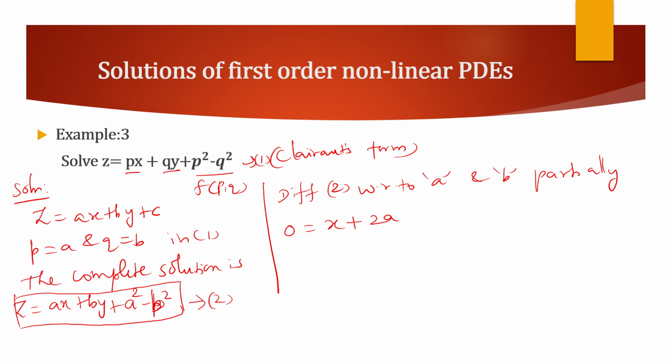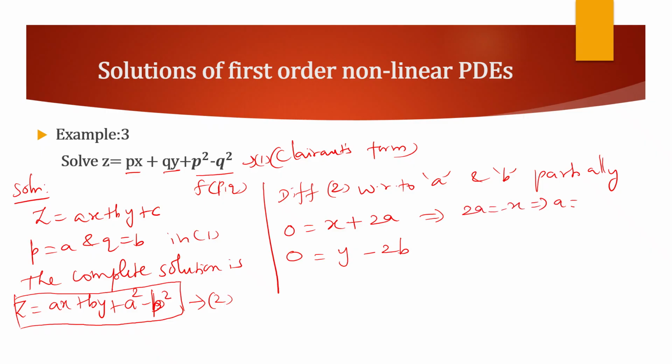And similarly, when you differentiate the second equation with respect to b partially, we get 0 is equal to y minus 2b.